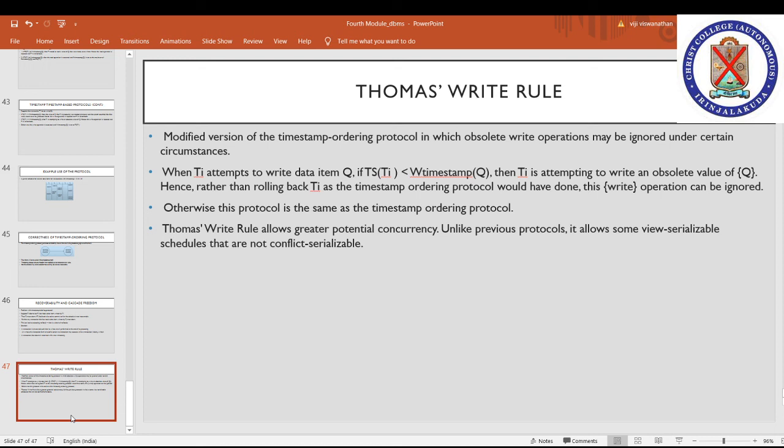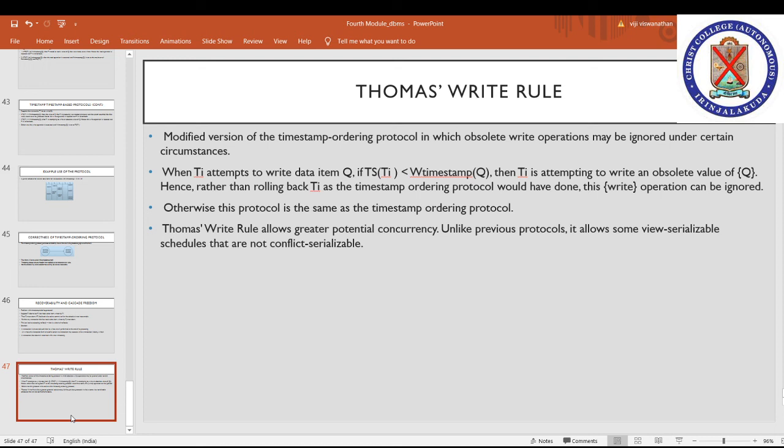In this session, we have discussed two types of concurrency control mechanisms: one is lock-based protocols and the other is timestamp protocols. In lock-based protocols, we discussed two types of locks, shared lock and exclusive lock, and three types of two-phase locking protocols: simple two-phase locking, strict two-phase locking, and rigorous two-phase locking.